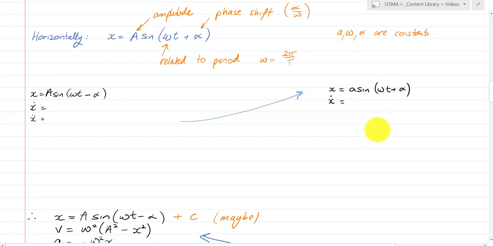So horizontally, x is equal to a sine of omega t plus alpha, and in this case a is the amplitude, as you remember from our work with periodic functions.